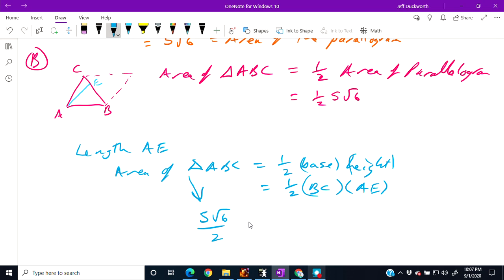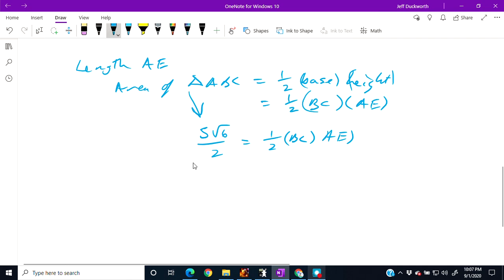All right, and then we're going to multiply through. We can multiply this through by 2 over BC. So I'm left with 5√6 over the length of BC is equal to AE.